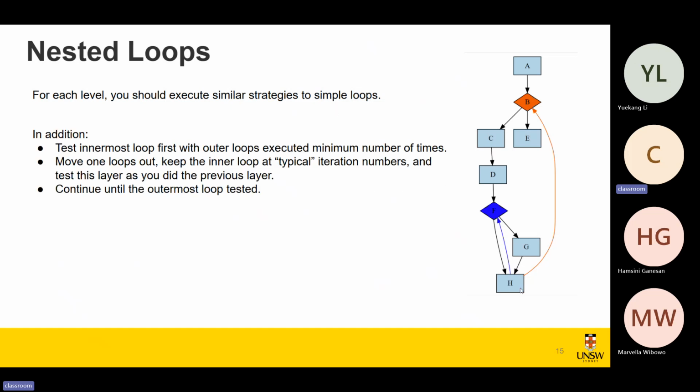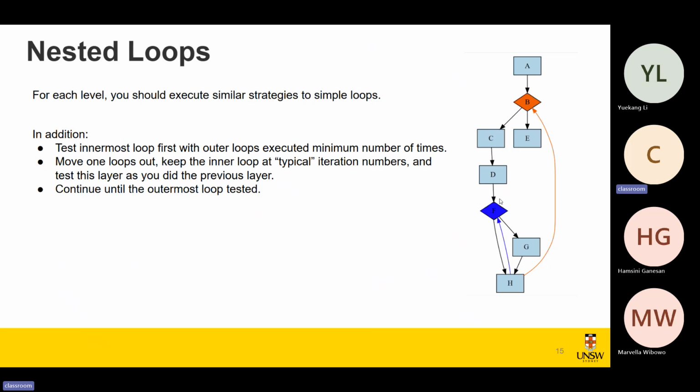We should start from the innermost loop, and we can try to execute the innermost loop 0, 1, or 2 times. And then we can move one level up and execute the outer level of loop 0, 1, 2 times, and so on. So this is how we deal with nested loops.